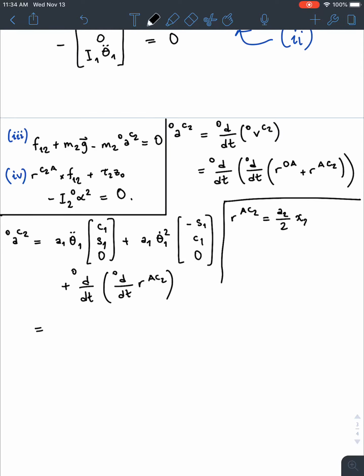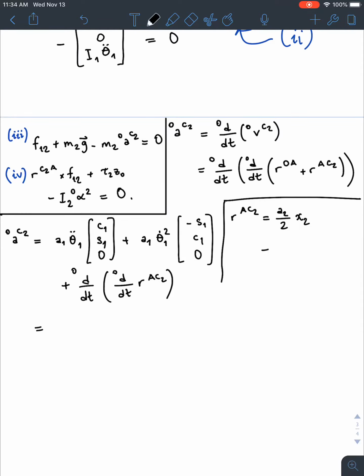But then I would express x2 in the zeroth frame, and this comes out to be A2 over 2 times sine of 1 2, minus cosine of 1 2. This is now expressed in the zeroth frame.